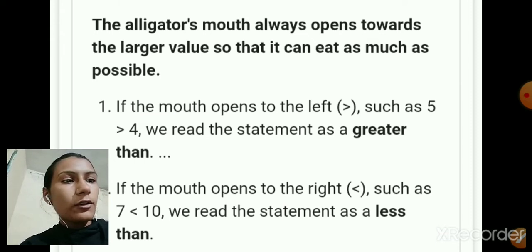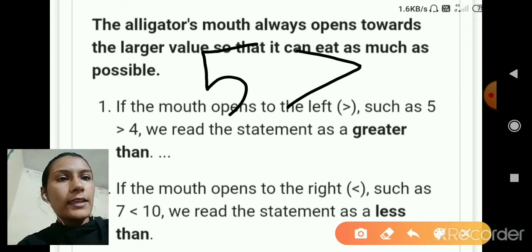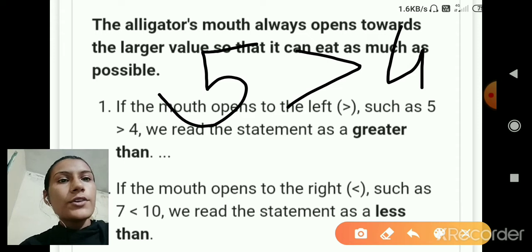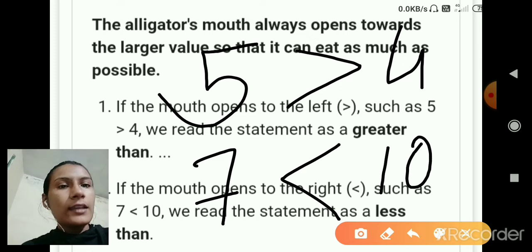If the mouth opens to the left side, such as 5 and 4, we read the statement as 5 is greater than 4. If the mouth opens to the right side, such as 7 and 10, we read the statement as 7 is less than 10.